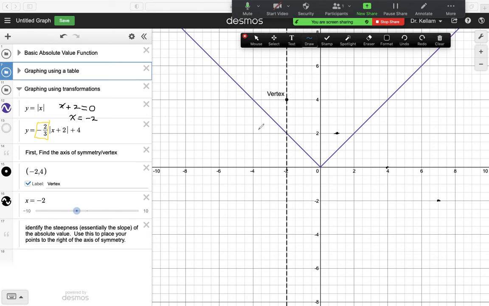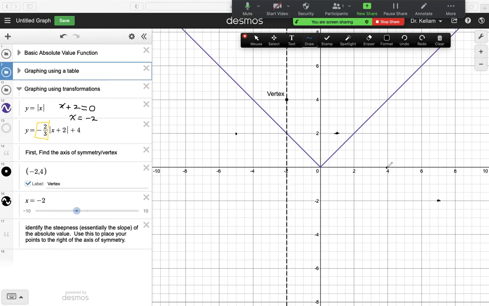Now, we don't do that same steepness over here. Instead, what we can think about is this is a distance of 3 away from my axis of symmetry. So I'm going to go 3 on this side to get there.